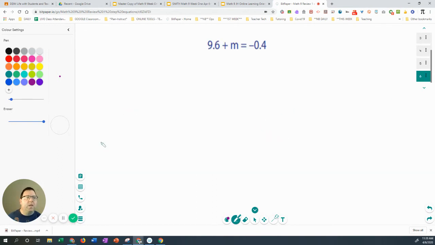So we have 9.6 m. Sorry, let me start that again. 9.6 plus m is equal to negative 0.4. So we've got 9.6 plus m is equal to negative 0.4. Well, again, just like this, we do have a sign. There's no real operation in front of the 9.6, but it does have a sign.